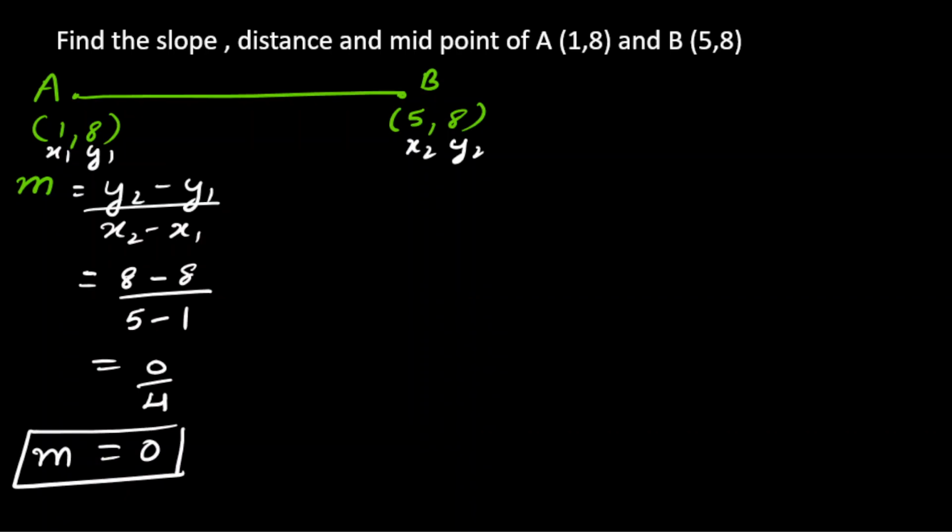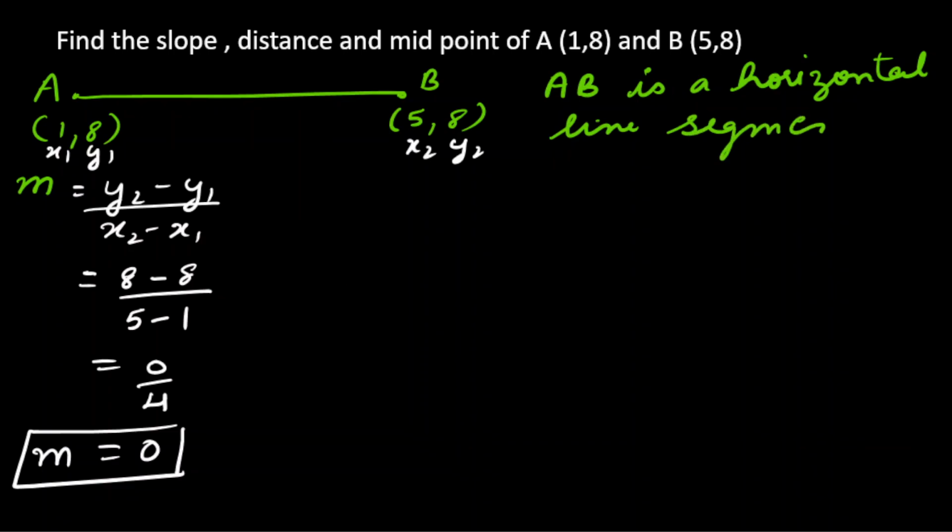And we discussed the case when m is equal to 0. That means the line is a horizontal line. That means AB is a horizontal line. So AB is a horizontal line segment, we can say, because it's a line segment, it has endpoints.